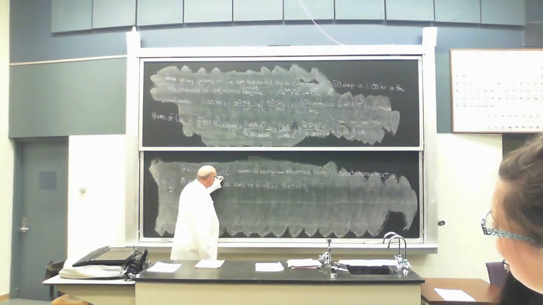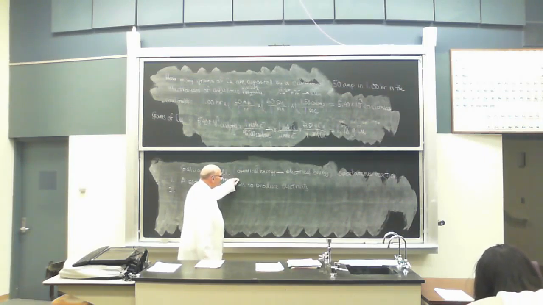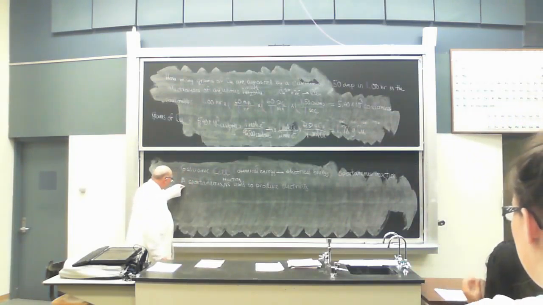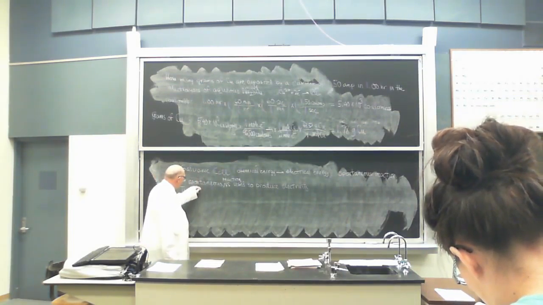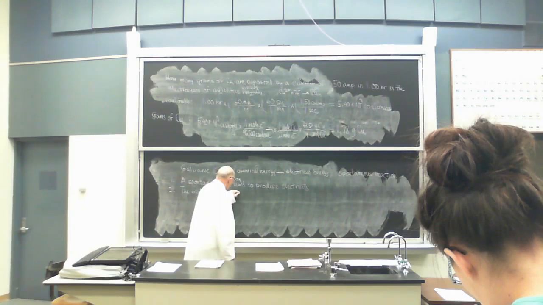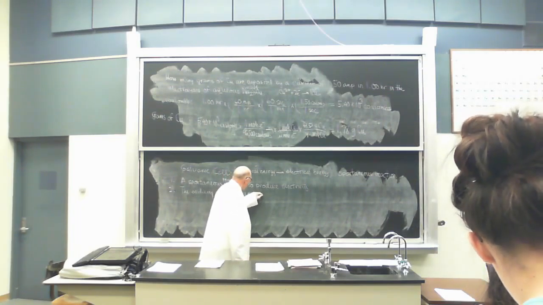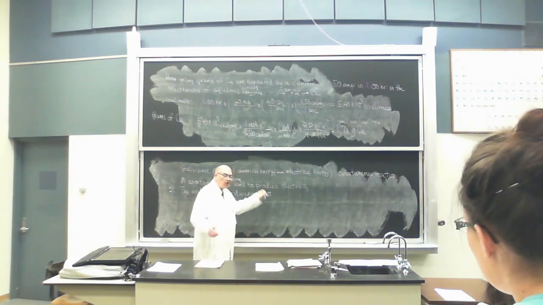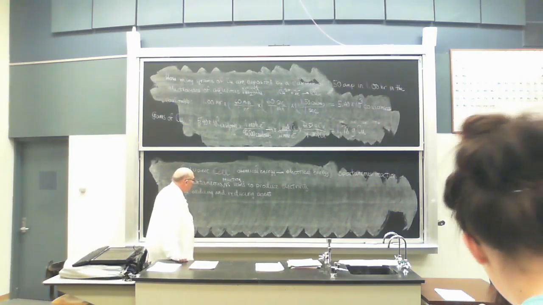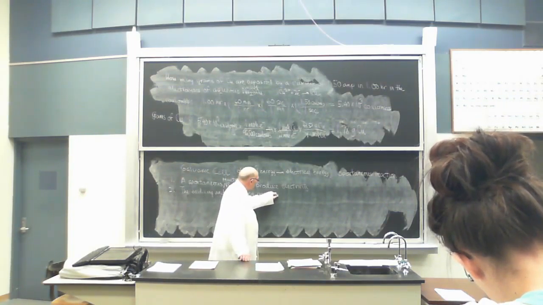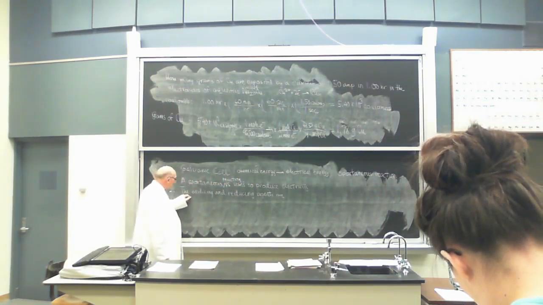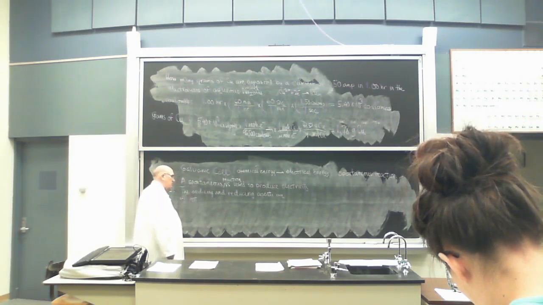So here, a spontaneous reaction is used to produce electricity. The oxidizing and reducing agents are arranged in a different manner. And the oxidizing and reducing agents are not in physical contact with each other.